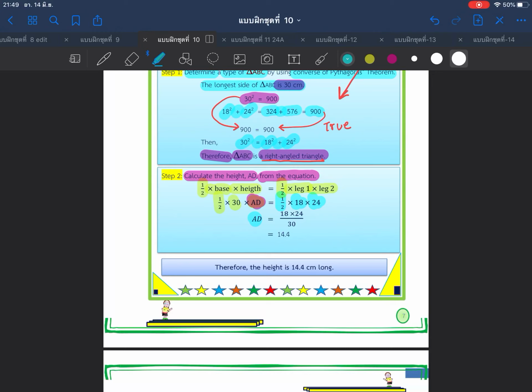AD equals 18 times 24 divided by 30 here. Move from the left hand side to the other one, and you have 1/2 times AD, so it can be cancelled like this. So AD equals 14.4. Therefore the height is 14.4 centimeters long. But if you still do not understand, I can show you like this.